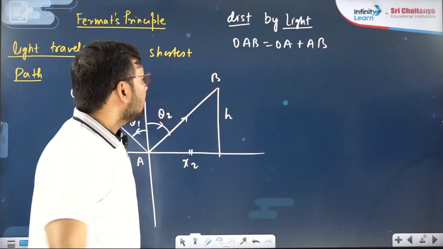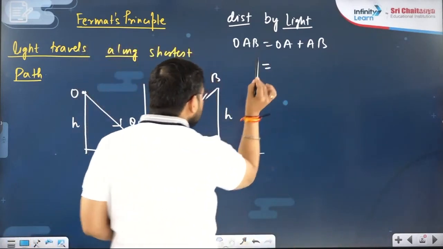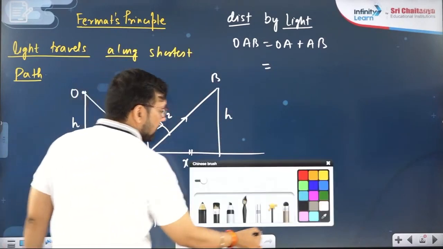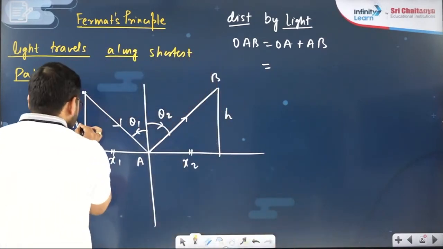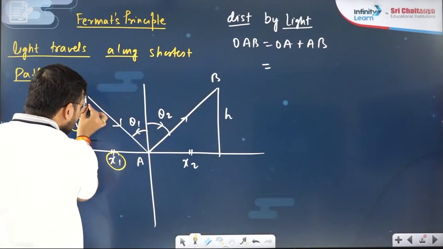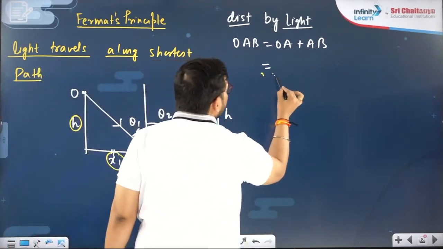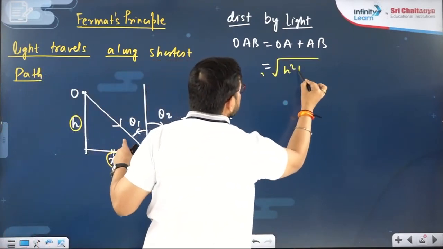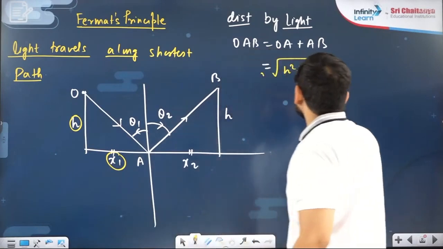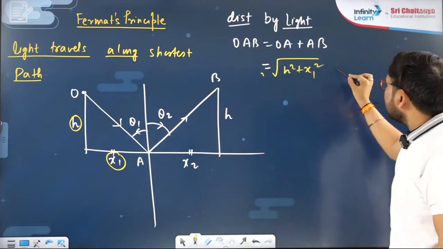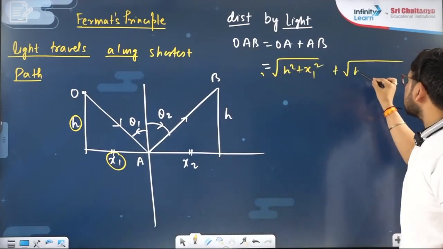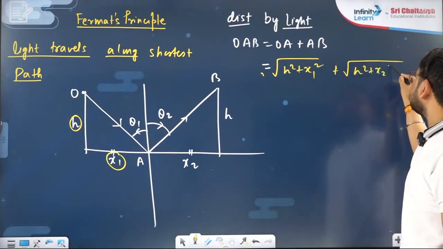I can write that by Pythagoras theorem. Please everyone think, what is the value of OA? If h is given and x1 is given, how would you write OA? You will write under root h square plus x1 square. Got it? And AB you will write as under root h square plus x2 square.